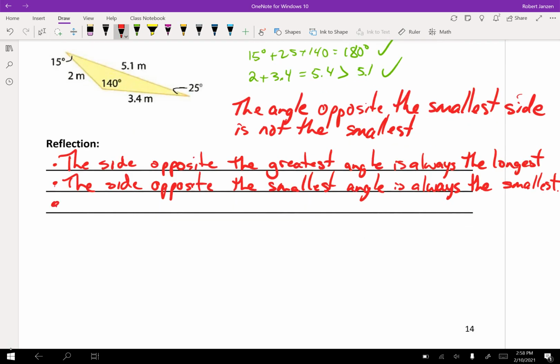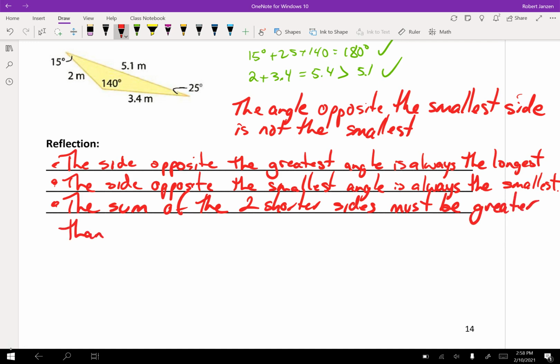And then lastly, we've already talked about this, the sum of the two shorter sides must be greater than the third side.